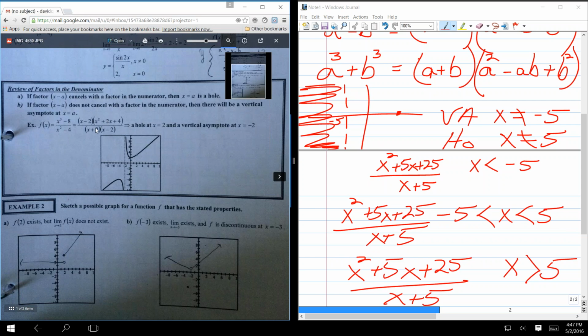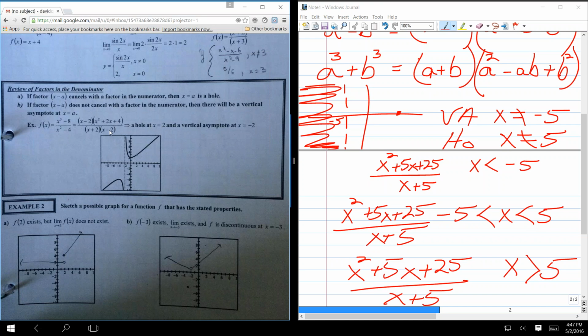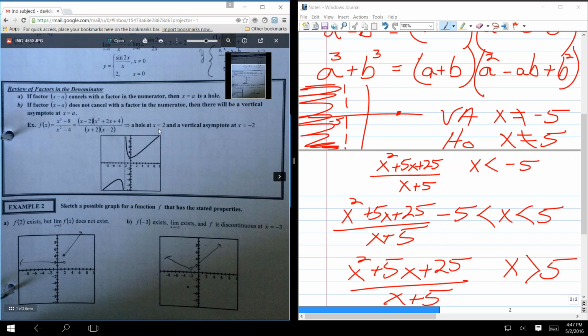She did exactly the same thing I did on our problem. That arrow implies that you have a hole at 2, the one that factors out. Vertical asymptote at x equals -2. So that's the perfect curve for that example.